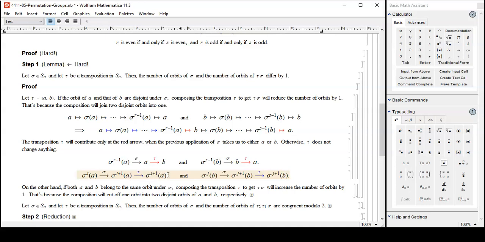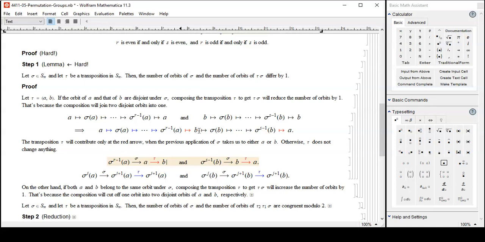Tau does not affect it at all. But in the last case, R minus first power of A, and then apply tau, okay. Tau does affect it because tau exchanges A and B, so instead of going back to A and getting a disjoint orbit of itself, it leaps over to B. See this red? That's when this tau kicked in non-trivially.